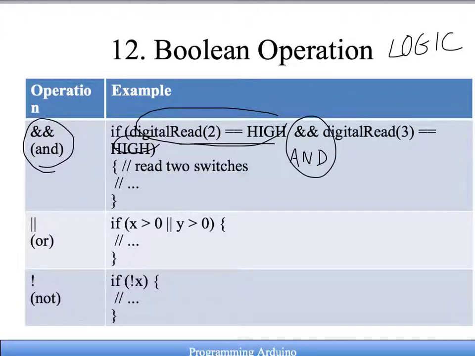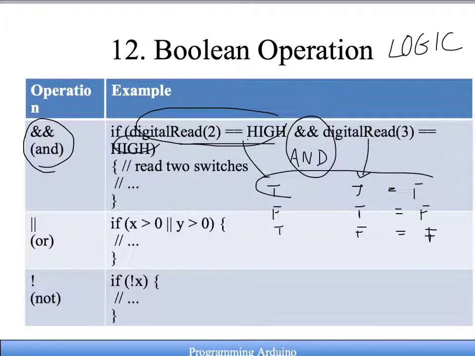Then it's true. Both of them need to be true. But if one of them is false and the other is true, it is false. Both conditions need to be true together.